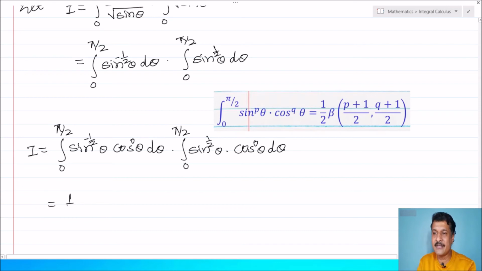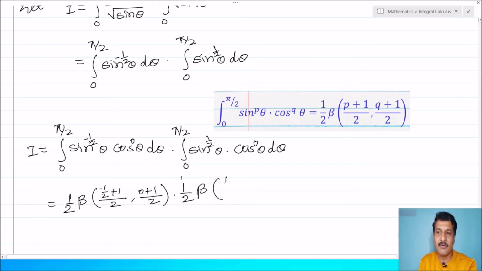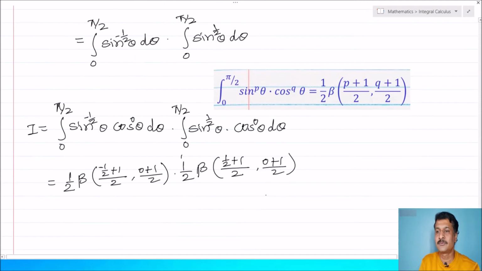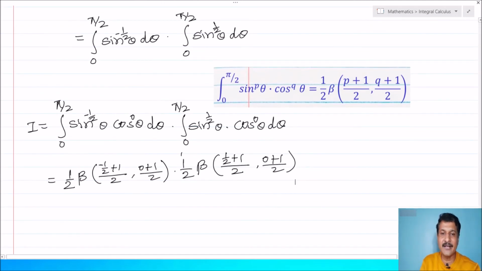I am getting 1 by 2 beta of, power means minus half, so minus half plus 1 by 2, 0 plus 1 by 2. For the second, it is also 1 by 2 beta of 1 by 2 plus 1 by 2 and 0 plus 1 by 2. So simplify it, you will get the required answer.